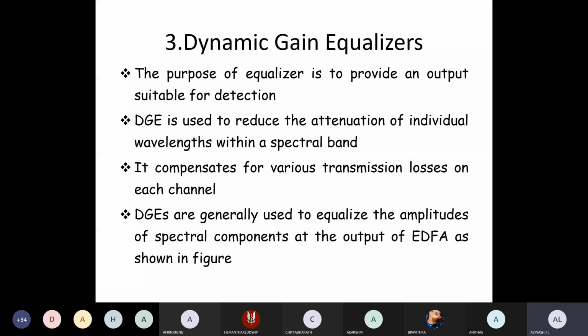The wavelength spectrum will be available, whatever the receiving signals are, and that receiving signal is fed to the dynamic gain equalizer.